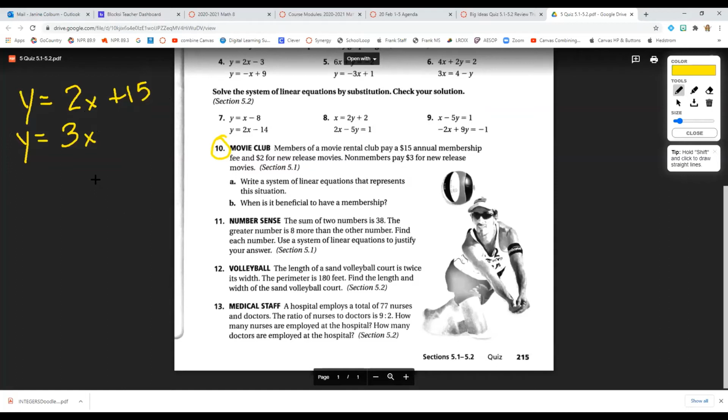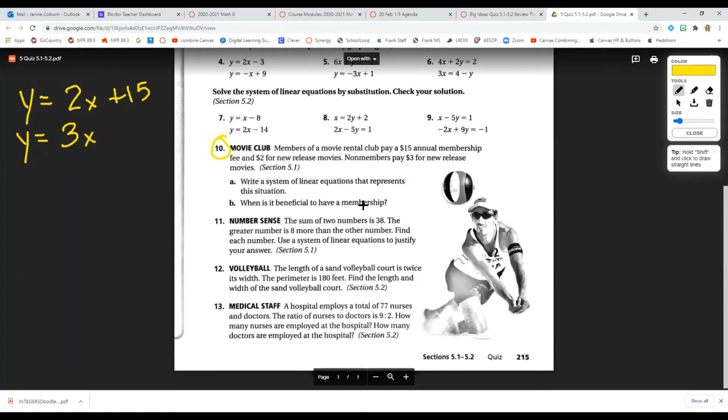So you need to solve this system of equations. At what number movie rental is it cheaper to have the membership than it is to pay $3 per movie? What they're asking you is, when is it beneficial to have a membership?